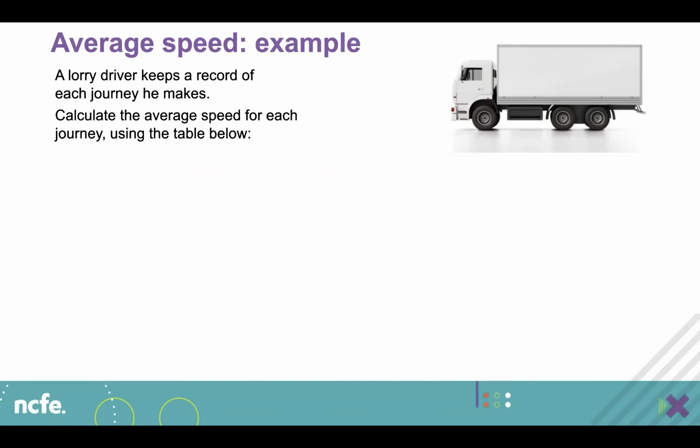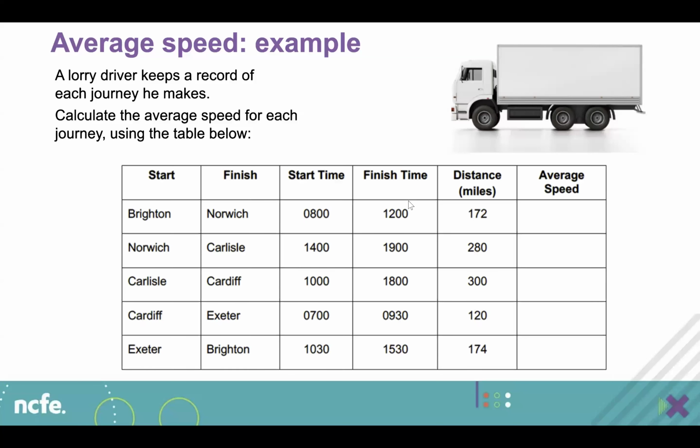So a lorry driver keeps record of each journey he makes. Calculate the average speed for each journey in the table below. So the first one, it takes 4 hours to travel 172 miles. So all you do is 172 divided by 4, which equals 43 mph.